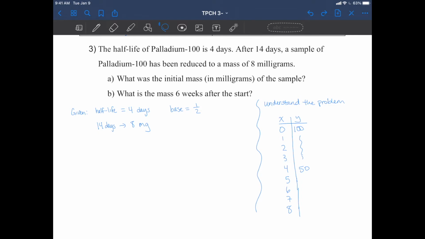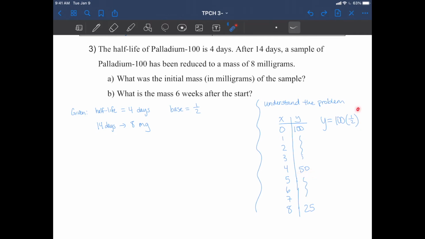And then that means another 4 days, I'm going to end up with half of that. So how do I write a function where I'm skipping by 4 each time? Okay, so I think it's safe to say that if I made my initial value 100, it will go here. This is what I'm going to be multiplying the 100 by to get to the 50.